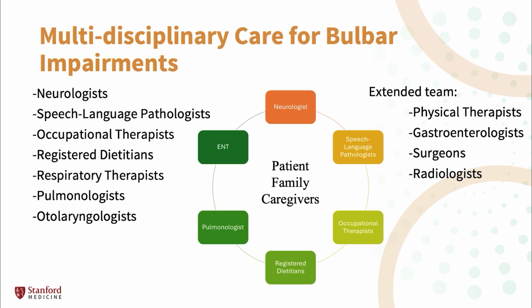So there are so many individuals involved in the care of our patients. Just from a clinical perspective, and just in terms of bulbar, so not to exclude anyone from this list, the key clinicians involved in bulbar evaluation and intervention, I've listed here on the left: neurologists, speech pathologists, OTs, registered dietitians, respiratory therapists, pulmonologists, and then otolaryngologists or ENT physicians.